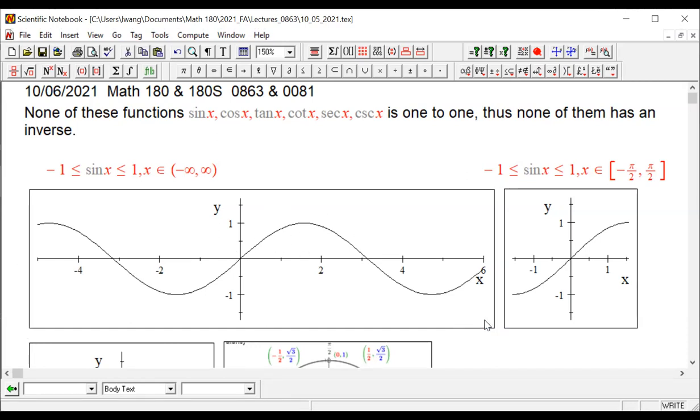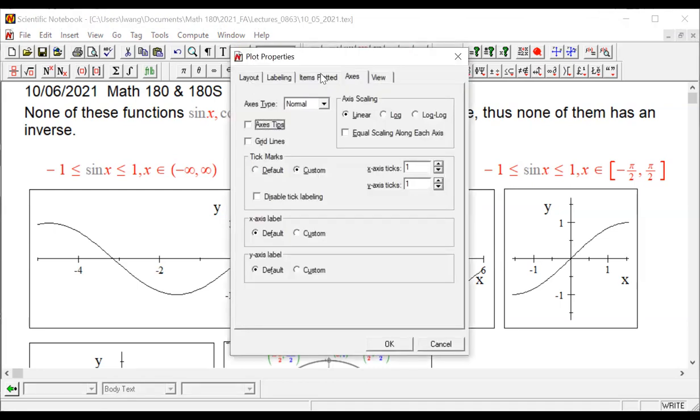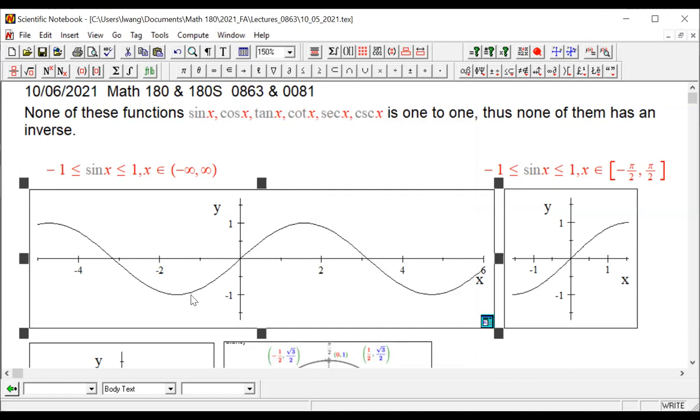Yesterday we talked about it: if this were the sine curve, let's mark a couple of points. We can pick and choose different pieces. Whether that piece is increasing or decreasing, as long as the piece we choose is 1-to-1, we can use that piece to create an inverse.